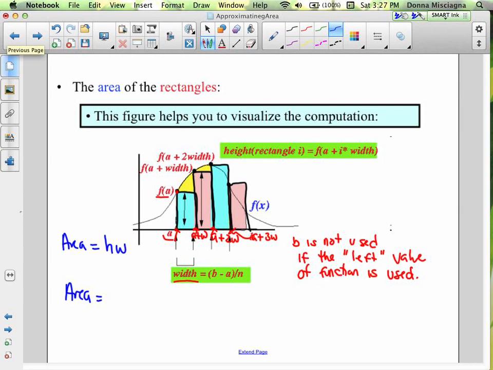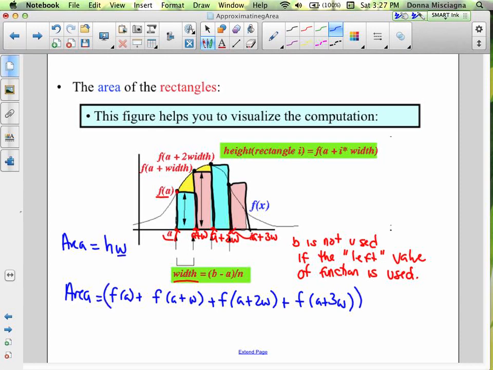So our area is going to be all the heights: f of a plus f of a plus w plus f of a plus 2w plus f of a plus 3w, and there are only 4 rectangles there, times the width. And the width is just the change in x, b minus a divided by n.